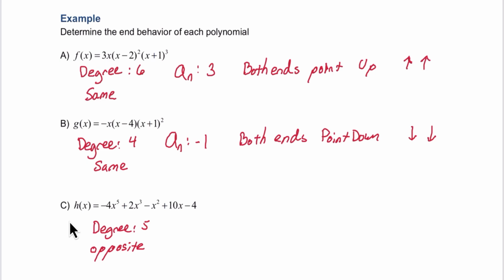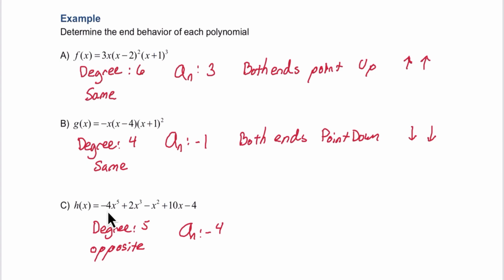We don't know which is which until we look at the leading coefficient, a sub n. A sub n in this case is -4. It's the coefficient that's beside the highest power of x. And since a sub n is negative, we think of that as decreasing overall.